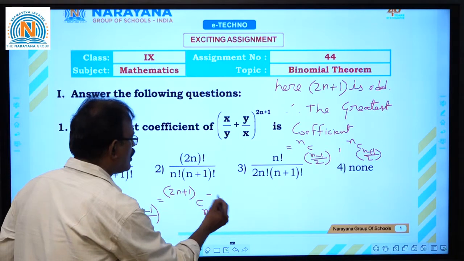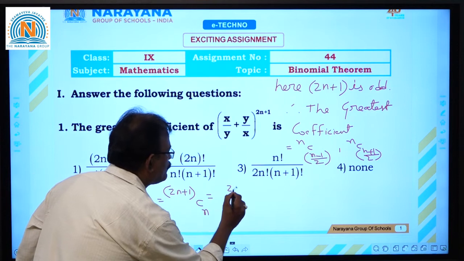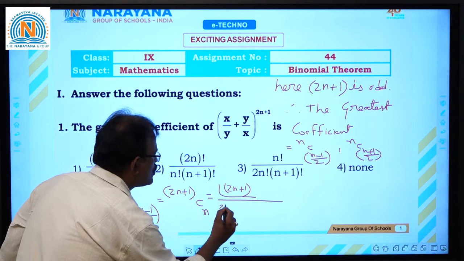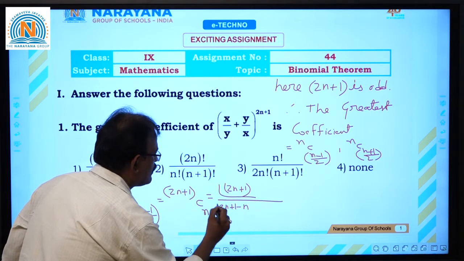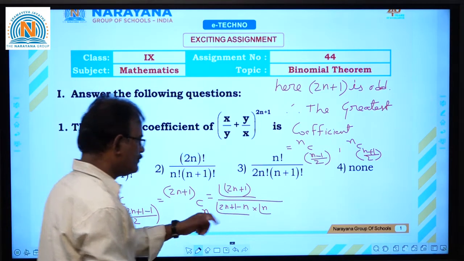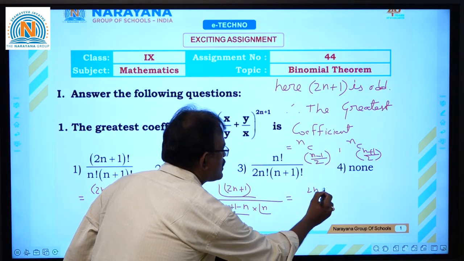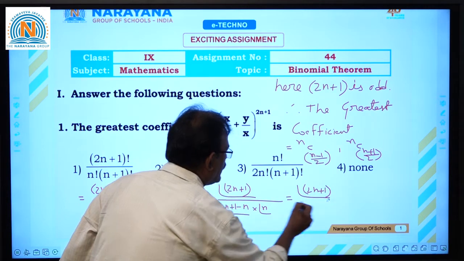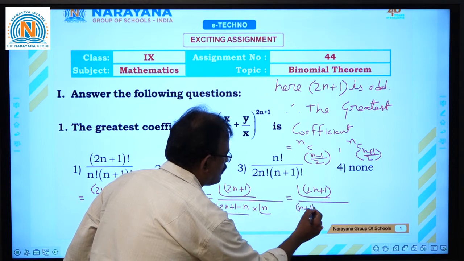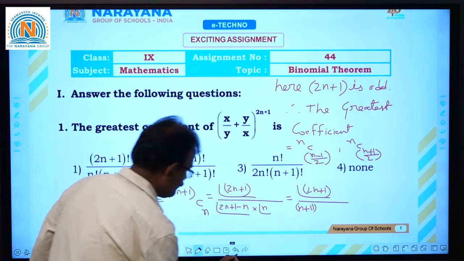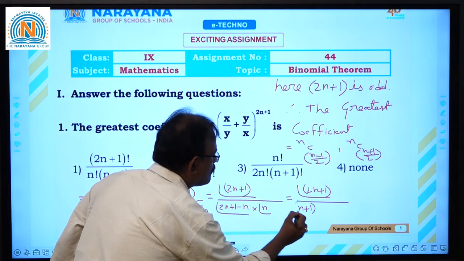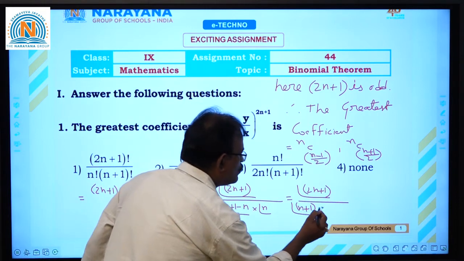Then apply the nCr formula. This is (2n+1) factorial by (2n+1-n) factorial into n factorial. Okay children, then this is (2n+1) factorial by (n+1) factorial into n factorial.